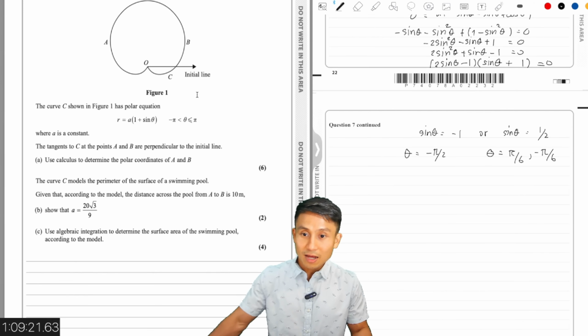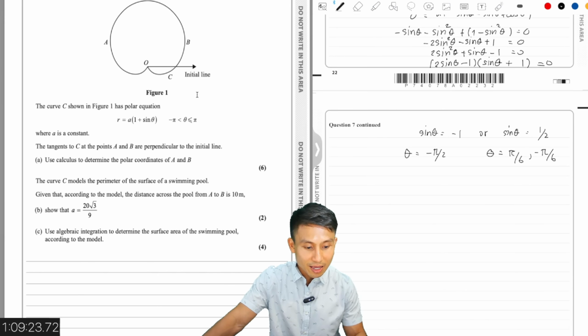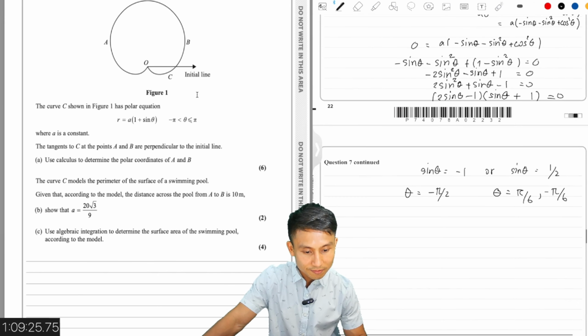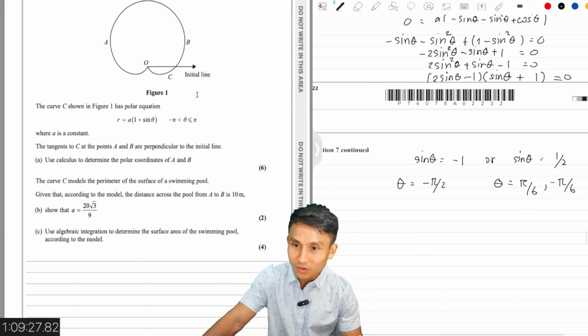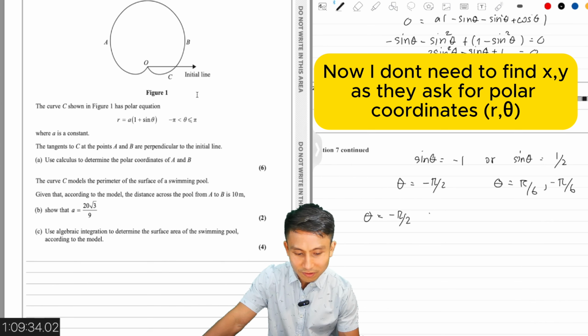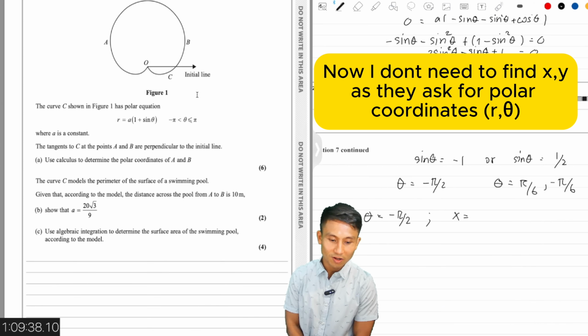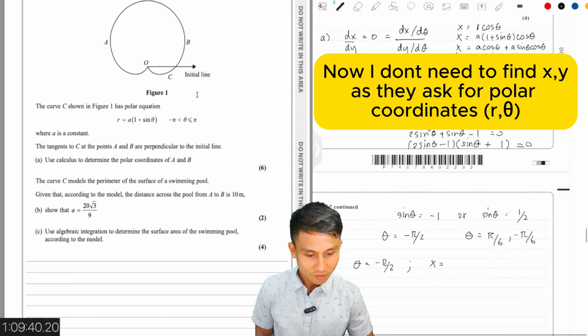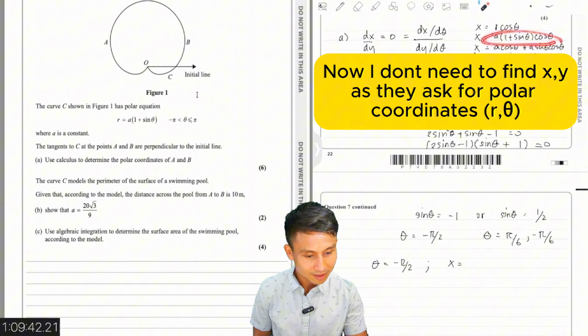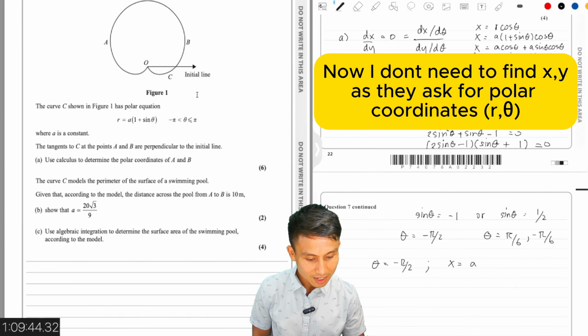Okay, and the hard work of finding A and B again. So, if theta is minus pi over 2, I shouldn't have deleted completely there, right? X would be r cos theta. Well, x is here, right? So it's going to be A times 1 plus sine theta.